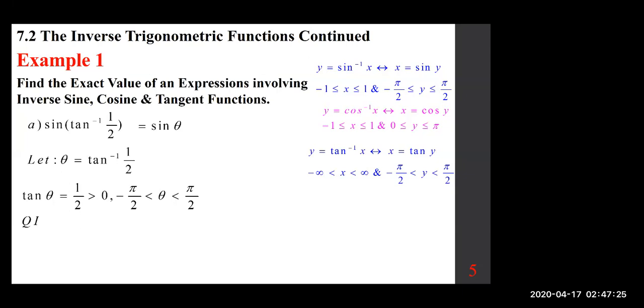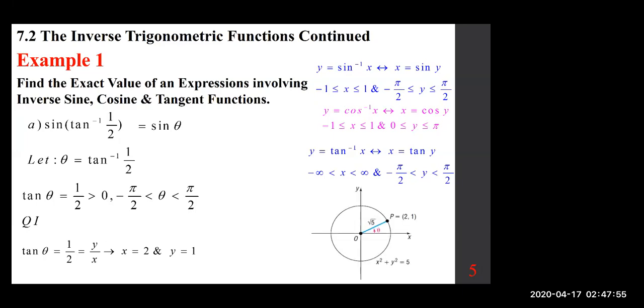In this case, remember tangent is sine over cosine, or y over x. So if tangent is y over x, we can say 1/2. So y must be 1, x must be 2. And when we do the drawing, x squared plus y squared equals r squared, we end up with square root of 5 for r. We are using one of the methodologies we learned before. Sounds good? Is everybody okay with that?